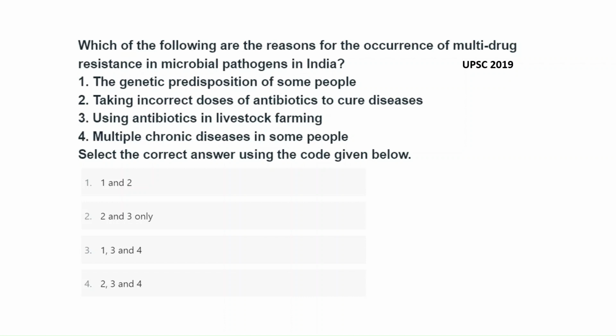Which are the correct options from this? As you can see, options 1 and 4 are not directly related to antimicrobial resistance in India, but 2 and 3 are closely related. So option B will be the right answer, that is, 2 and 3 are the correct statements.